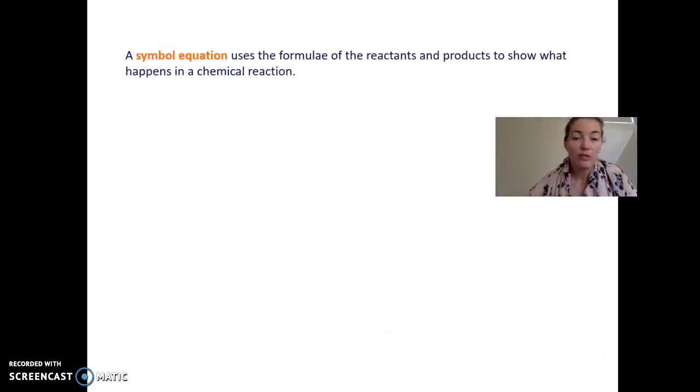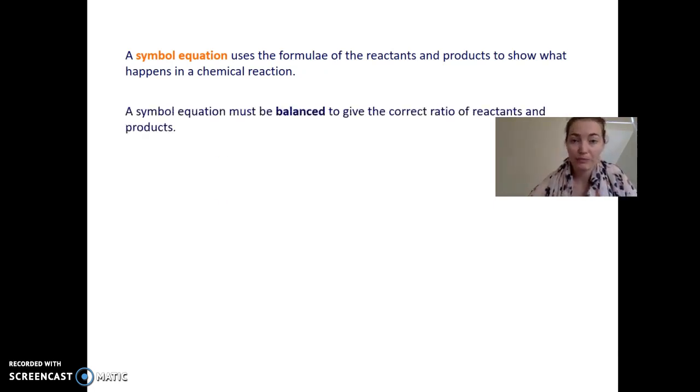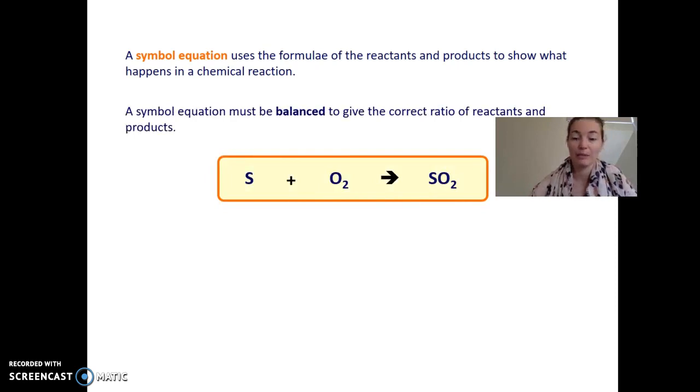Now, the alternative is to write a symbol equation. So virtually the same, but rather than words, we're going to use the symbols from the periodic table. We'll come back to the idea of balancing. This is the same example, except now we're using the symbol S, capital S for sulfur, plus oxygen.